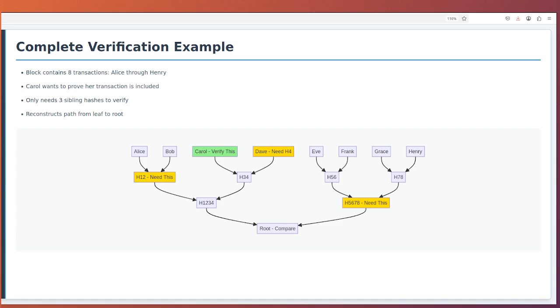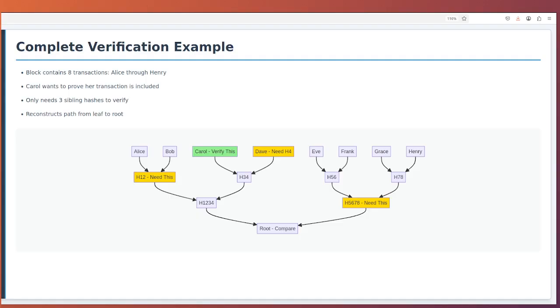First, Carol's transaction gets hashed to create H3. She needs to climb the tree to the root. At the leaf level, her sibling is Dave's transaction, hash H4. She combines H3 and H4 and hashes them to get H34. Moving up one level, H34 needs a sibling. That's H12, which represents Alice and Bob's combined hash.